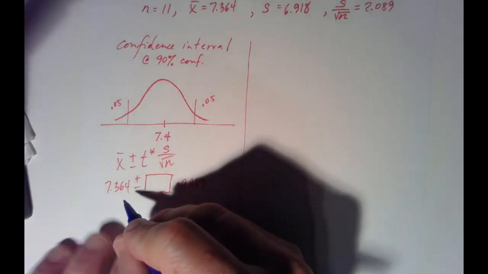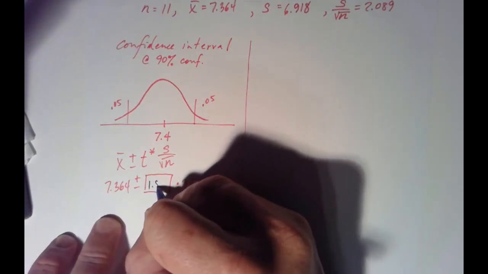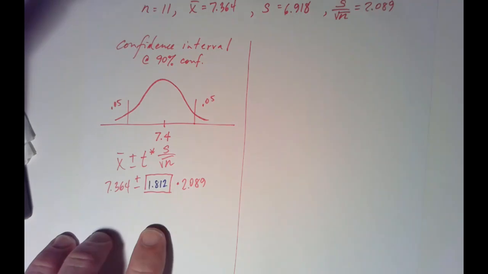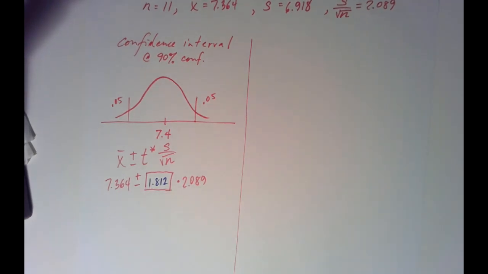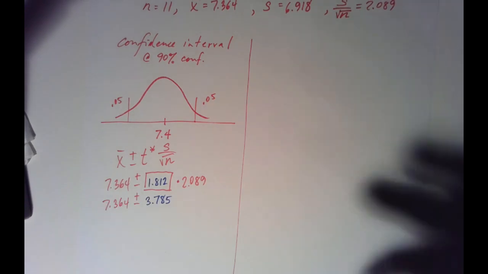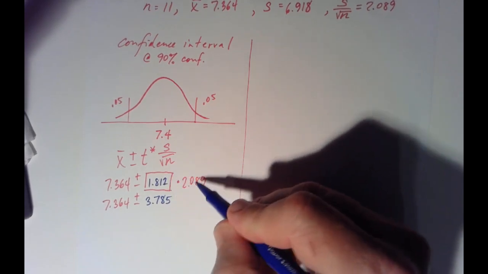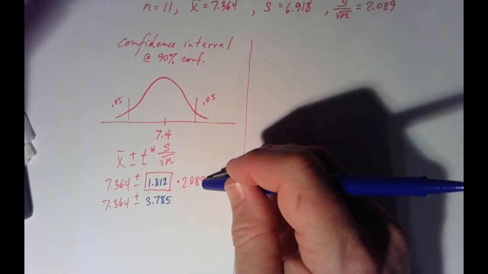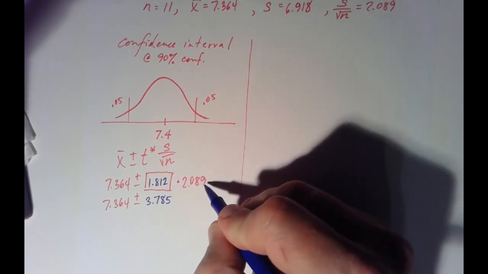So I brought down our mean, I brought down our sampling standard deviation, and 1.812. We'll do the multiplication, and then we'll do the addition and subtraction. Just want to remind you that this number in blue here, the critical value, times the number right here in red is our standard error.